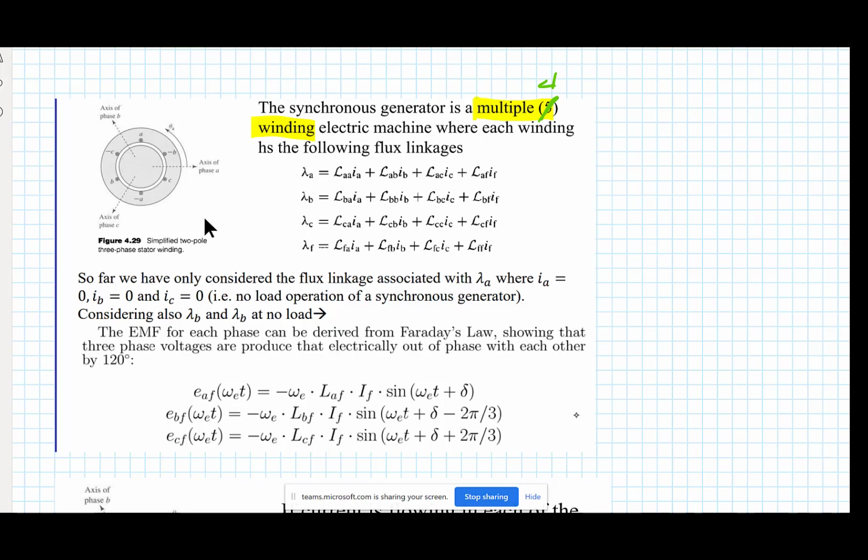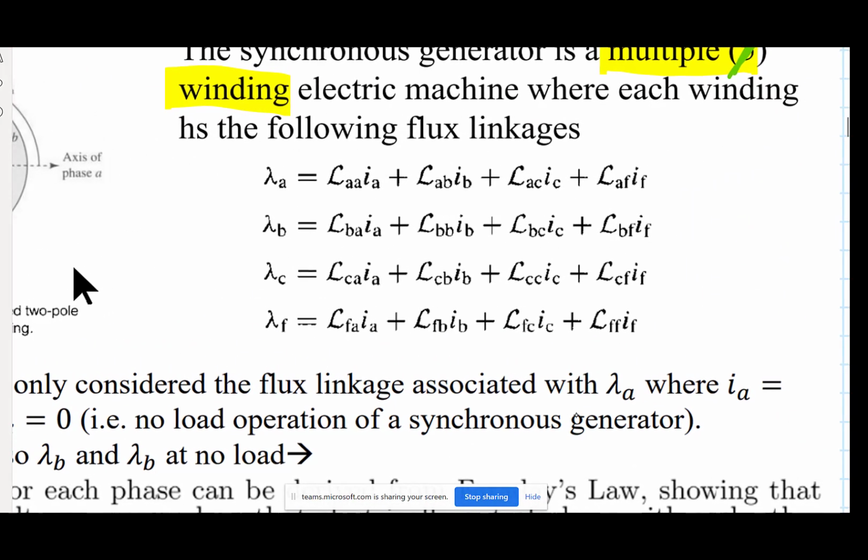So if we break this down, and I'm going to kind of zoom in here a little bit. This is the flux linkage associated with winding A. Winding A is on the stator. It has a flux linkage to the field winding, which is moving.